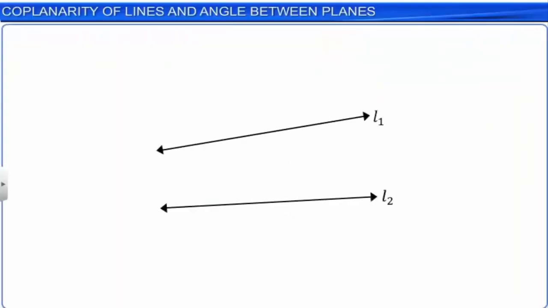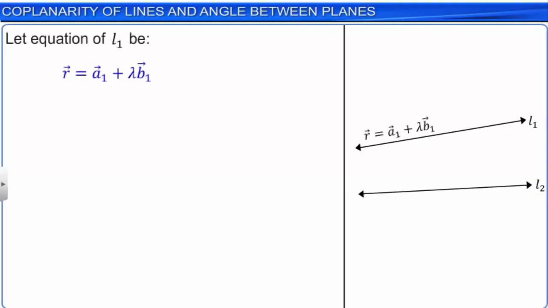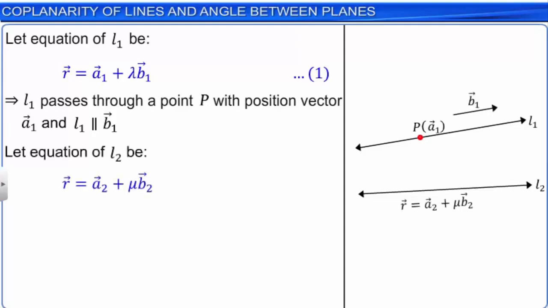Consider two lines L1 and L2 in space. Let L1 be represented by equation 1 as shown. This implies that line L1 passes through a point, say P, with position vector A1 and is parallel to vector B1. Similarly, let line L2 be represented by equation 2 as shown.